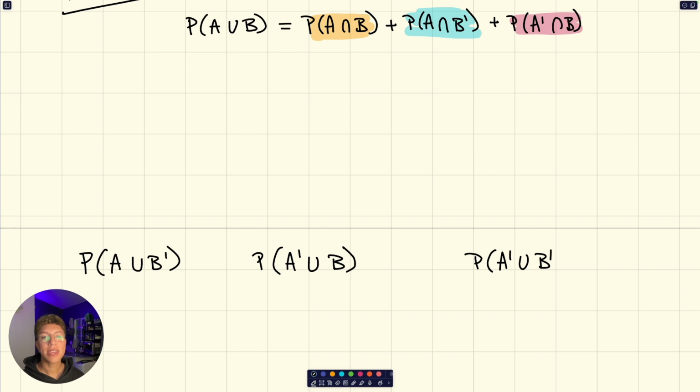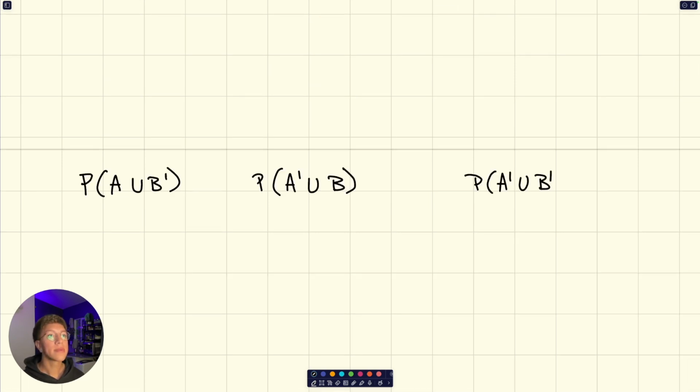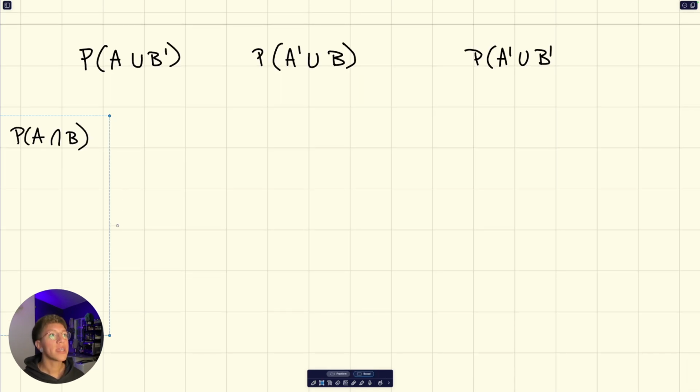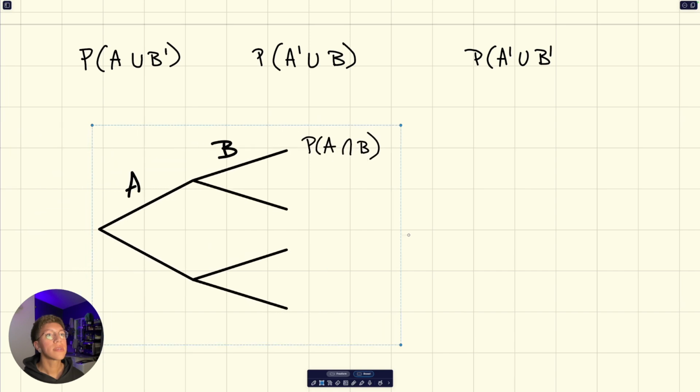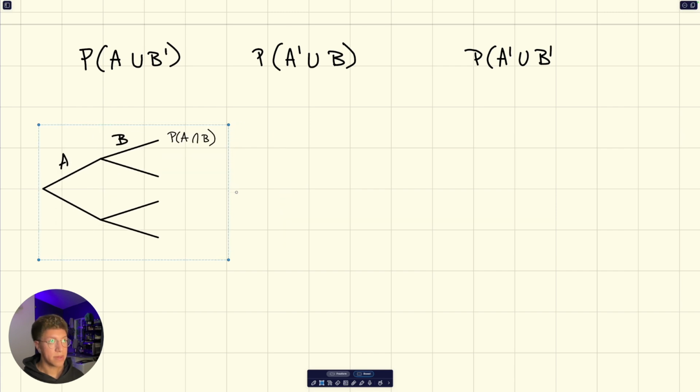And we can get a quick sketch for those as well. So once again, we're going to need a diagram. One for each of these. Let's erase before we copy.